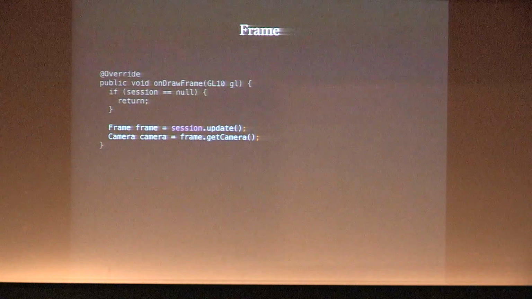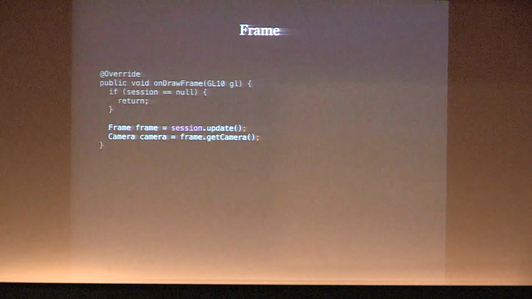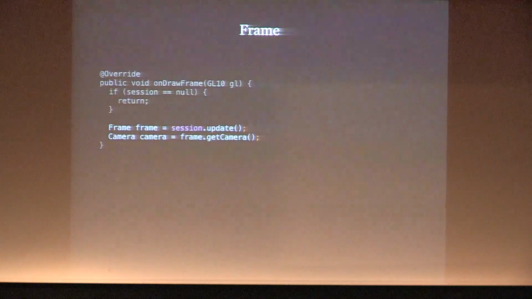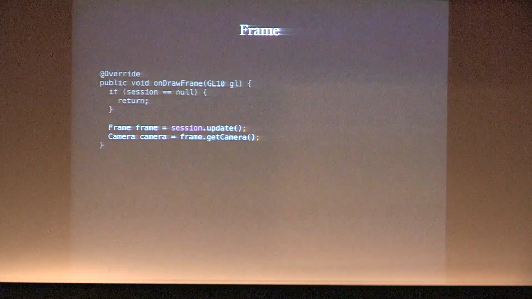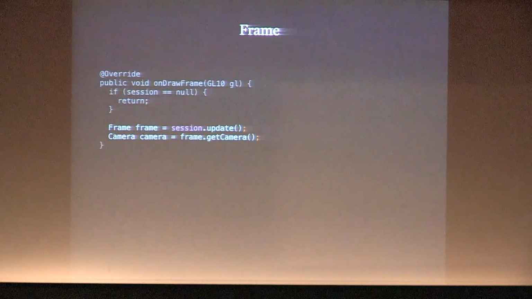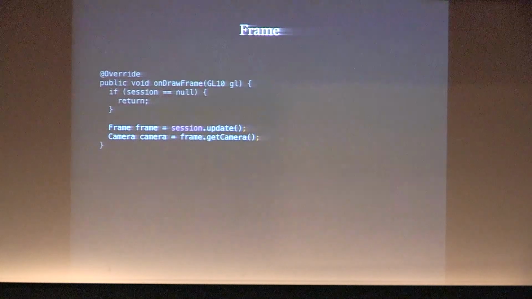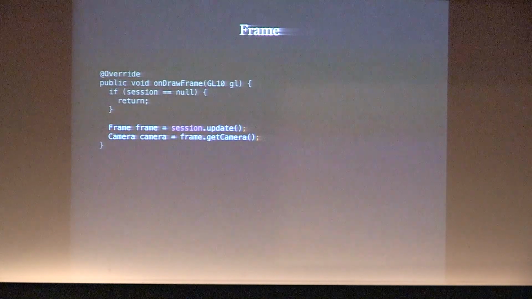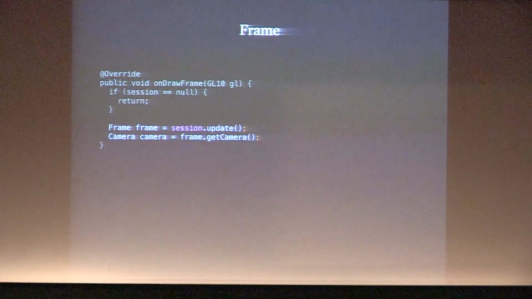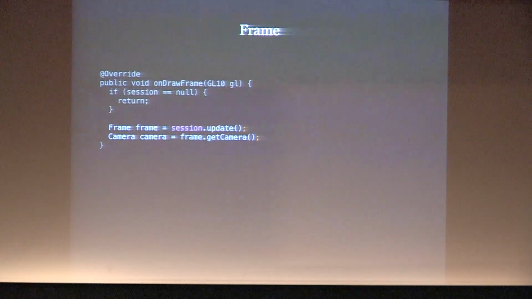And what is the camera useful for? The camera is useful to get 2 matrices: the view matrix and the projection matrix. The view matrix helps you identify the camera position in the environment, and the projection matrix provides you coordinates of where on the screen you need to draw certain elements. I will probably show a little bit of those matrices later and how you can utilize them. But this is what we need camera for in most cases.